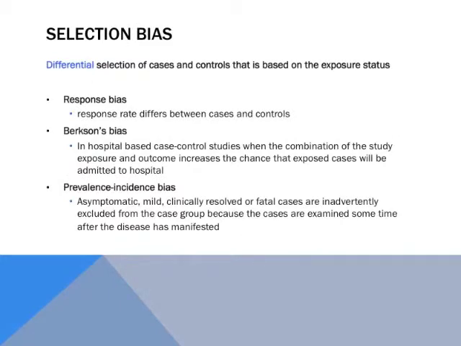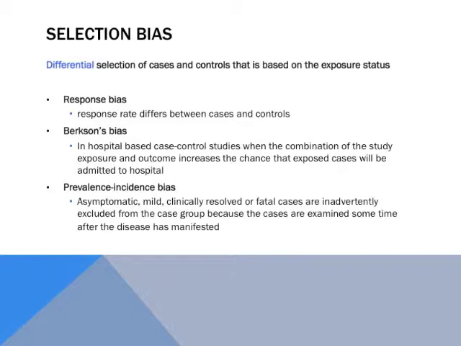Selection bias is a concern in the design of case-control studies. Selection bias is defined as the differential selection of cases and controls that is based in some way on the exposure status. Response bias is a type of selection bias when response rate differs between cases and controls.